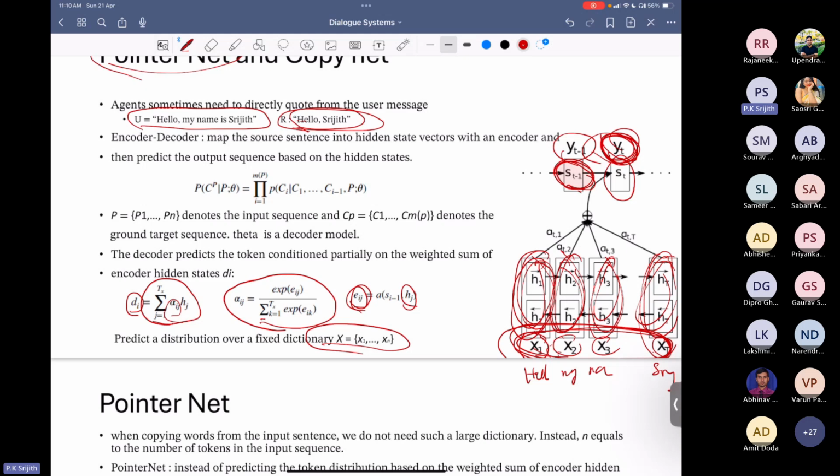And you can see that in this particular example, the output that I want to generate here should give very high attention to the first word in the input, and perhaps very low attention to the remaining words.